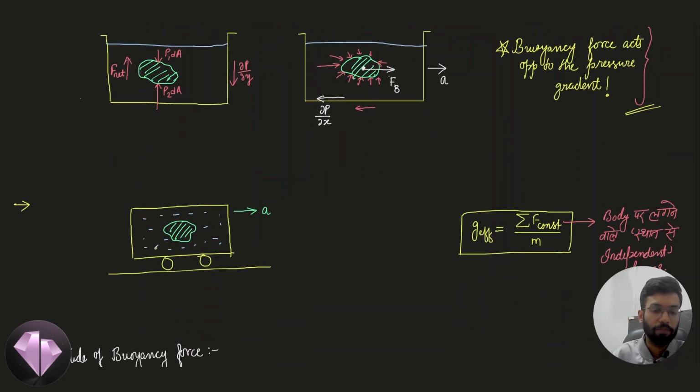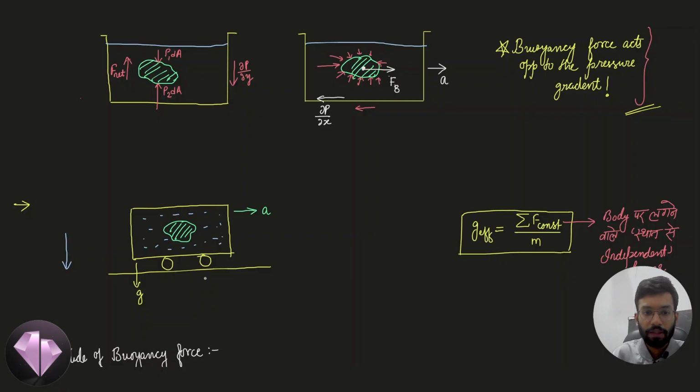So let's take one more example. There is a cart which is having an acceleration in the rightward direction. There is gravity also in the downward direction. So this is g over here and a is over there. If you try to find the pressure gradient in the fluid inside, let's draw the pressure gradient. There is mg force acting downward, not on the object, on the fluid.